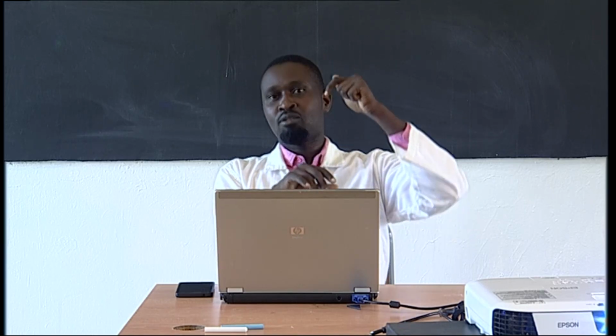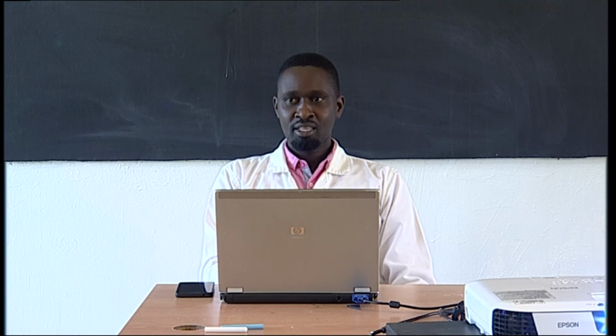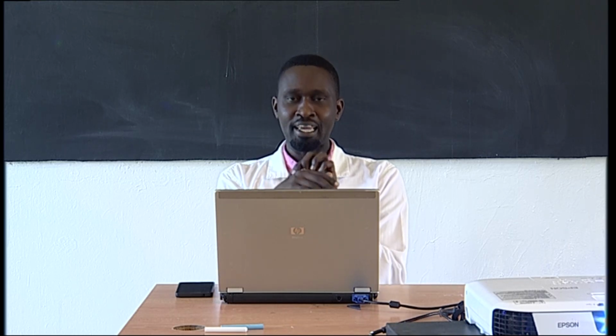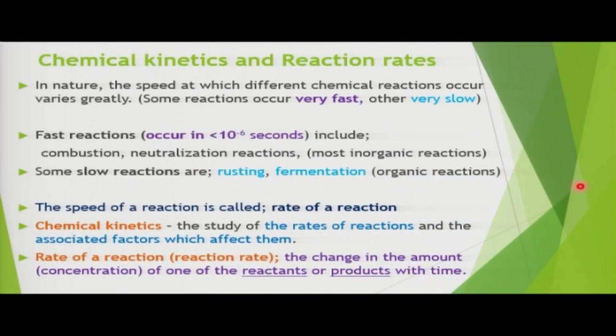So imagine they put a drop of acid onto your body. What happens? Your body will be burnt and you start feeling heat, again in a blink of an eye. So the point is, most chemical reactions differ in the speeds at which they occur. So when we talk of speed, we are bringing in the rate of a reaction.